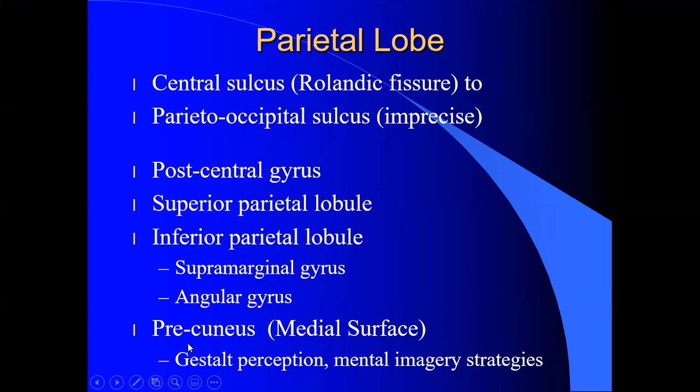And then a very interesting structure called the precuneus on the medial surface of the brain. The precuneus is about gestalt perception. That is, you just sort of take the whole thing and go, I know what that is, or I know who that is. We'll come to that kind of idea, not in the precuneus, but lower down. And mental imagery strategies.